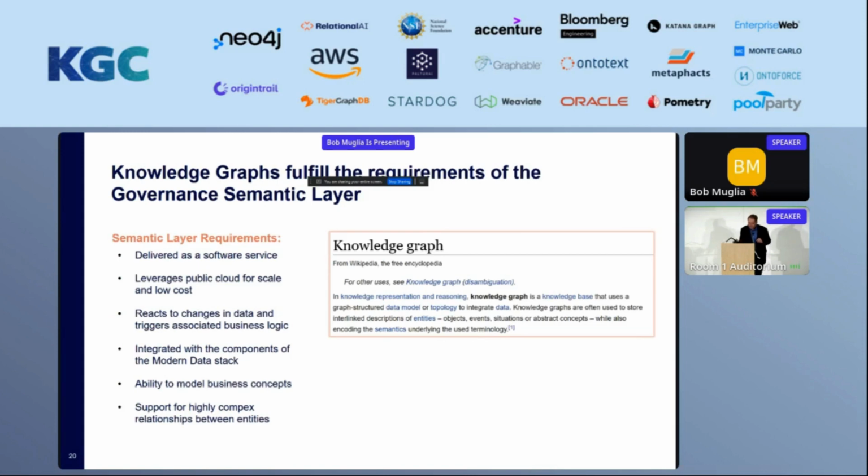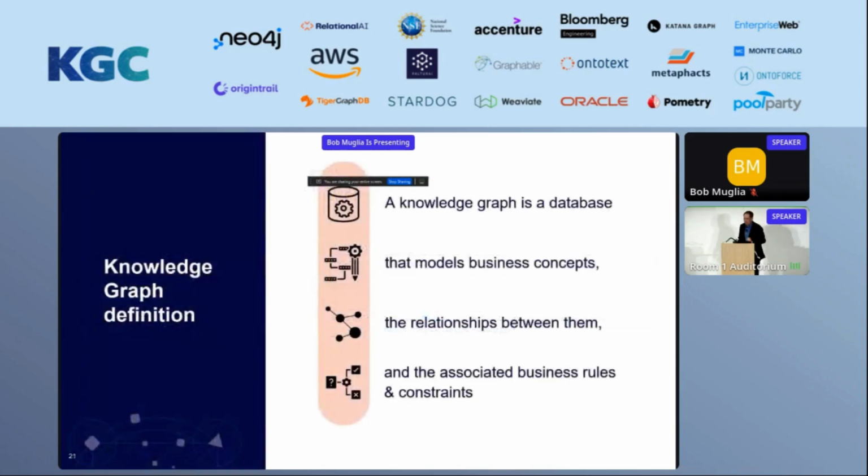So let me give you a more concise definition of a knowledge graph that I hope is useful for you. A knowledge graph is a database. I don't know what a knowledge base is. SharePoint's a knowledge base, for God's sake. A knowledge graph is a database. It needs transaction semantics associated with it that models business concepts, the relationships between them, and the associated business rules and constraints.